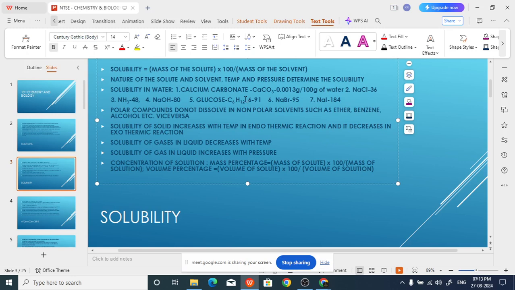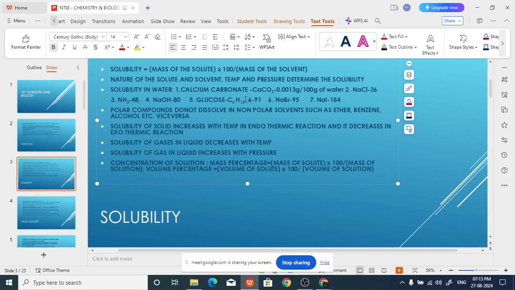Concentration of solution is measured as mass percentage, which is equal to mass of solute into 100 divided by mass of solution. Volume percentage is volume of solute into 100 divided by volume of solution. What is the difference between solubility and concentration of solution?